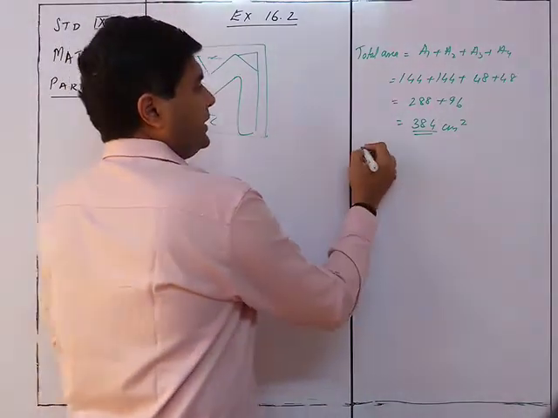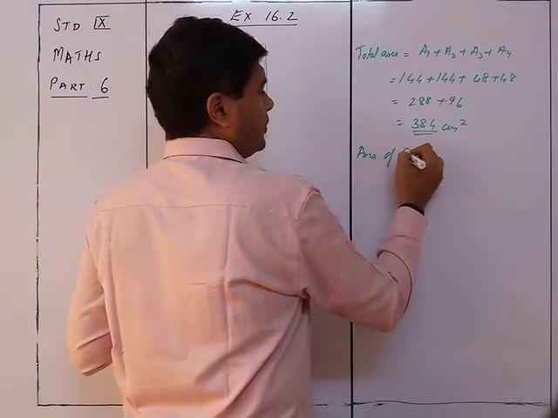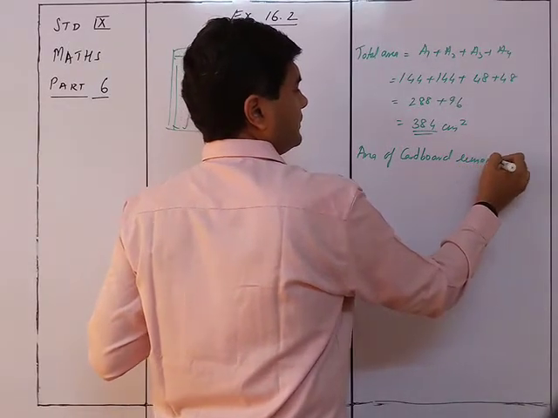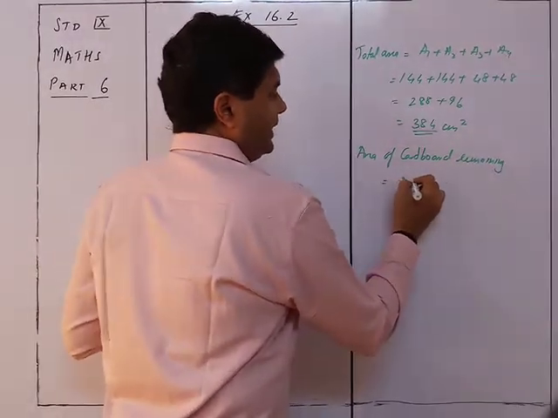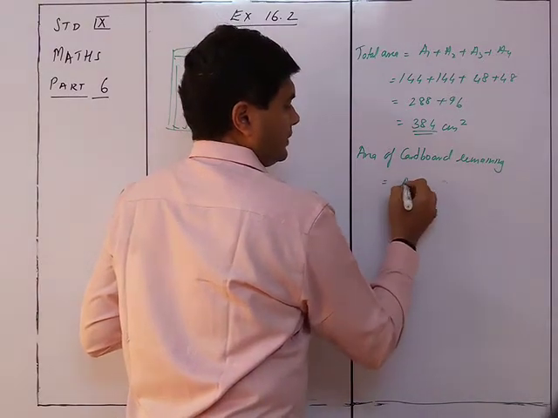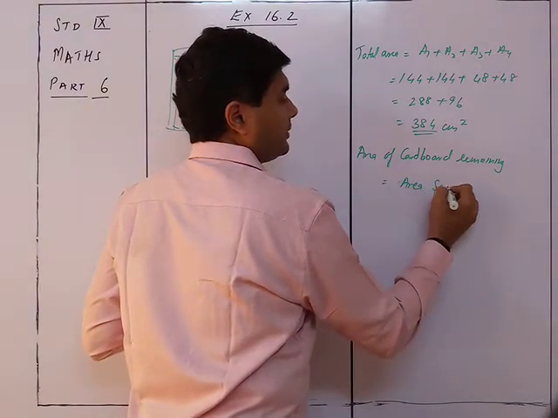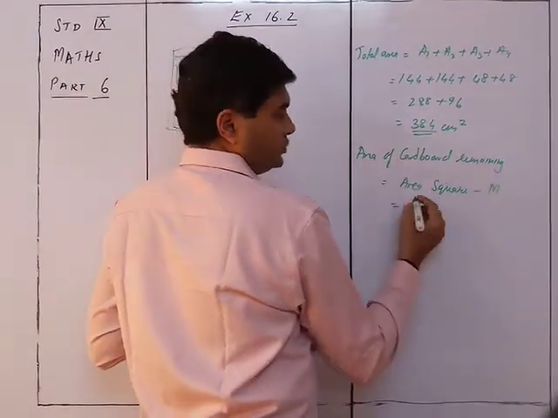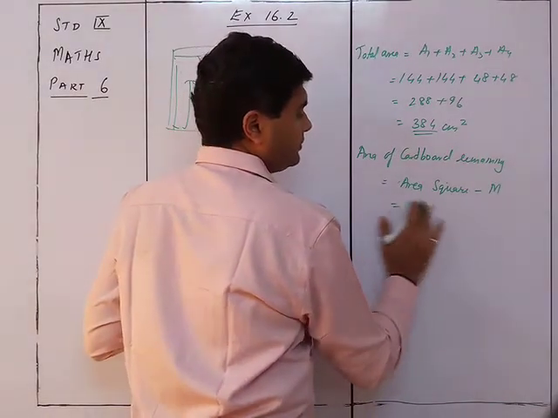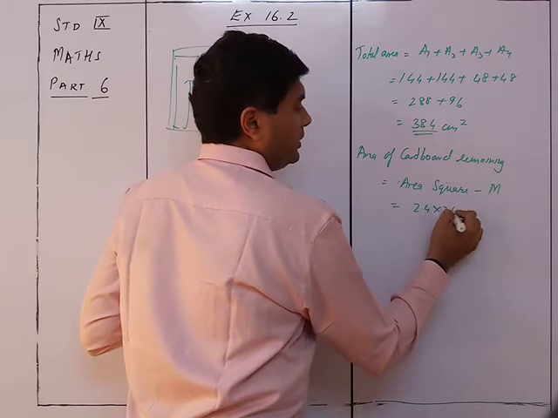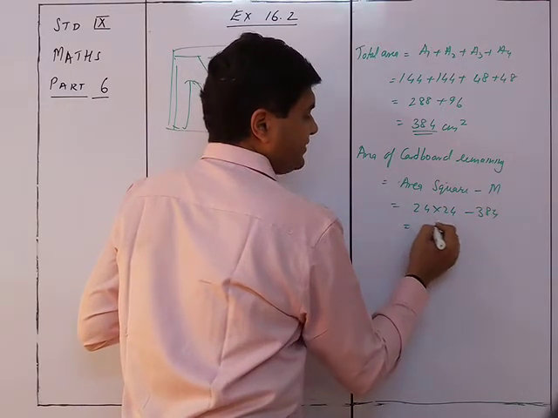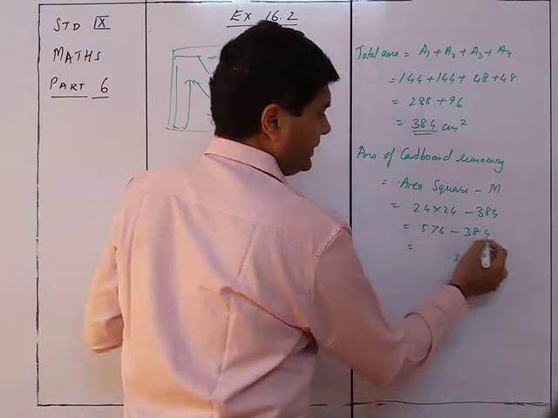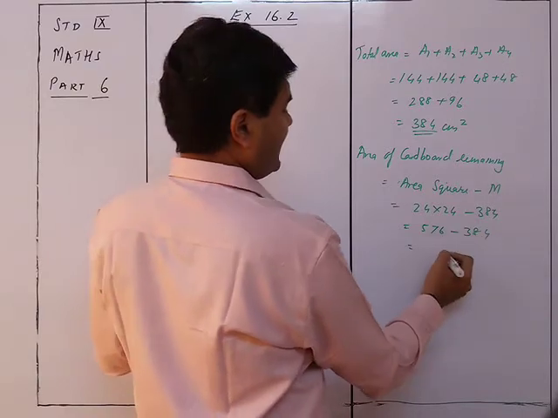So we know that area of cardboard remaining is equal to area of square minus area of M. So area of square is 24 into 24, minus 384, that is 576 minus 384, that is going to be 192.